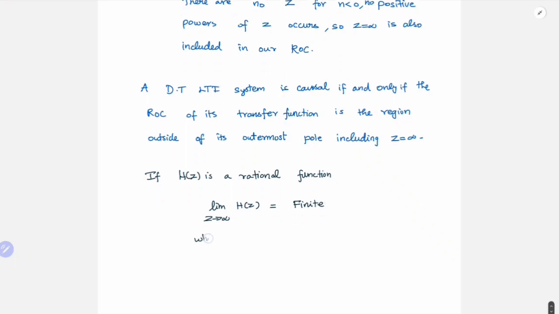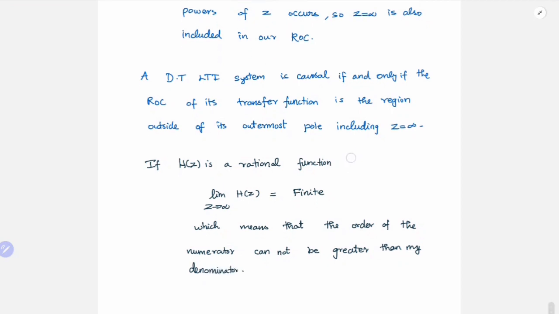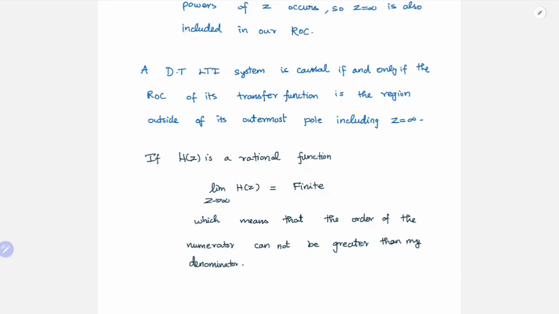Which means that the order of the numerator should at least be equal to that of the denominator. It cannot be greater than my denominator. So this also follows from whatever we defined up.